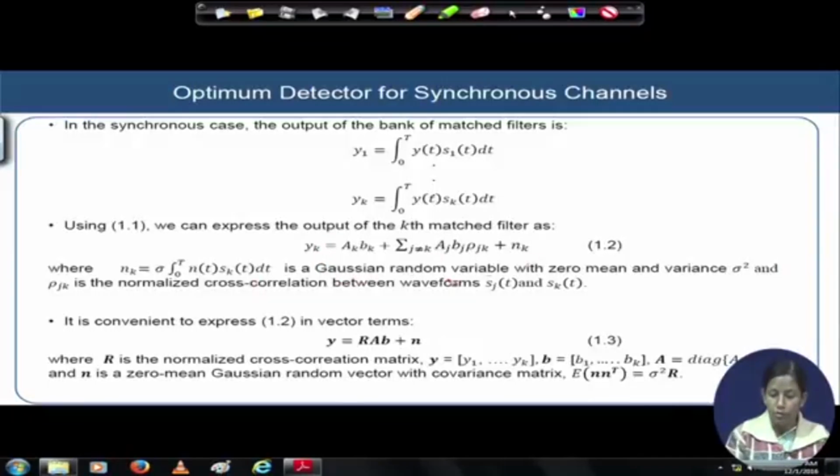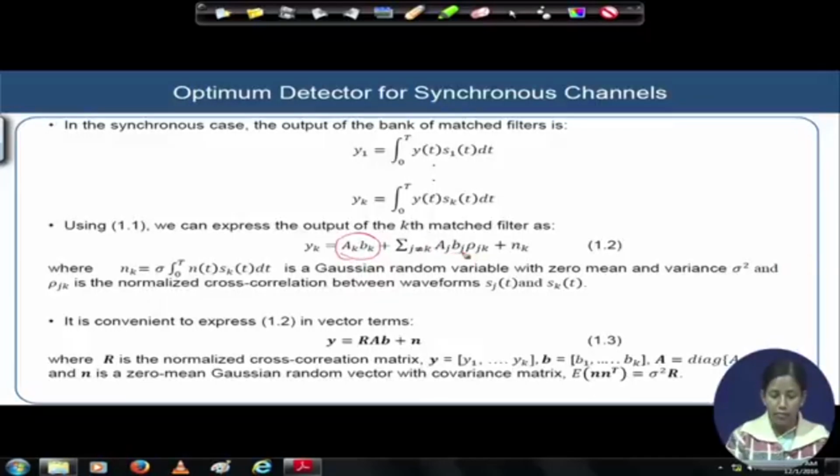What these three terms are saying is that you get the intended signal back. b_k is the intended transmitted symbol, associated with an amplitude which may not be exactly equal to what you transmitted; it may be a distorted form of it. Then you get the interfering parts, the signals a_j and b_j, where j can never be equal to the kth user, because the kth user term is considered in the first term.